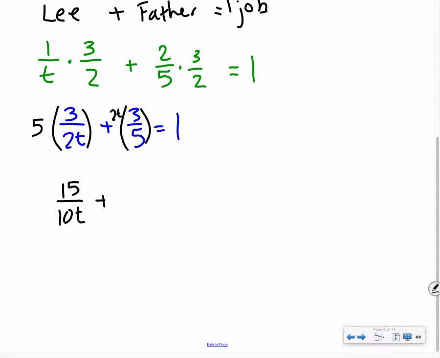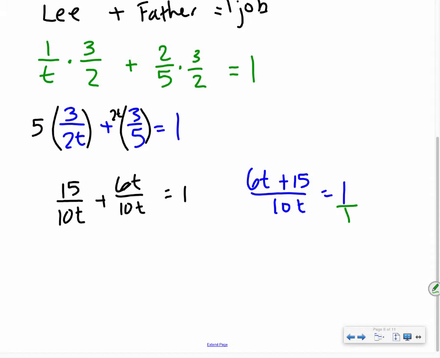So I'm left with 15/10t plus 6t/10t equals 1. Or I have 6t plus 15/10t equals 1. Treat this like a fraction, might make it easier. I know that I have 6t plus 15 equals 10t.